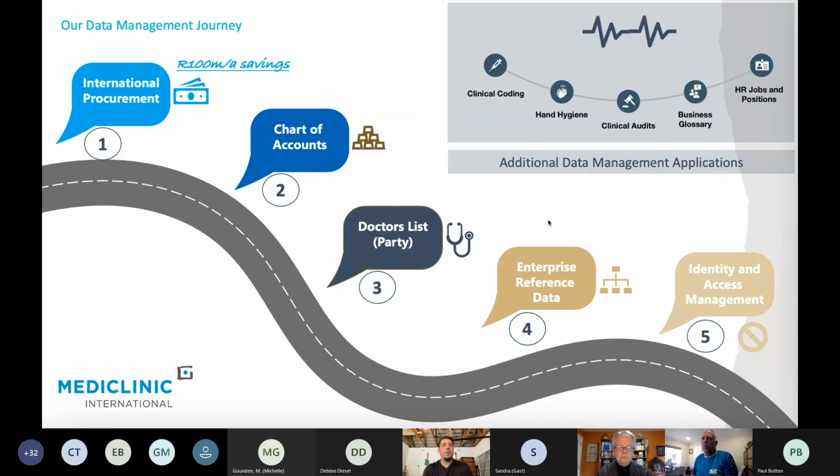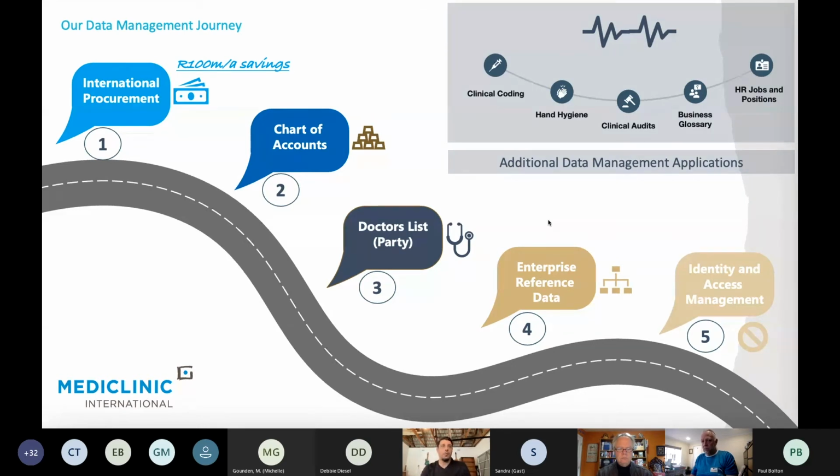And why it's a good story is it has been about 8 years or so since we started, and we've tackled big use cases along the way, all solved using MDM. And in this case, it's all solved using the same technology platform and very similar processes.